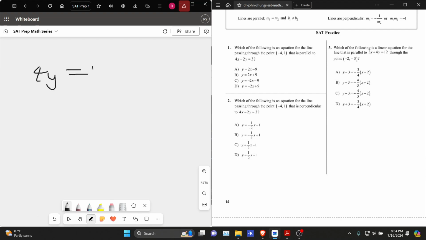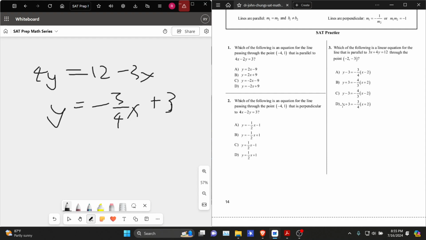We'll get 4y equals 12 minus 3x. Divide by 4, and we get y equals -3/4x plus 3. Now we know that the slope has to be -3/4. Looking at the options, we have -3/4 for option A and option D, so those could be correct answers.